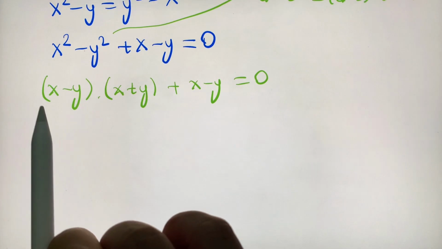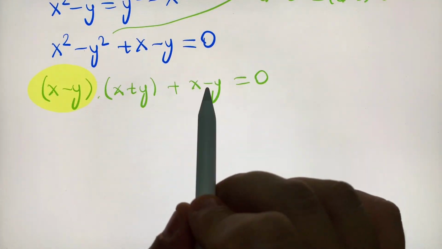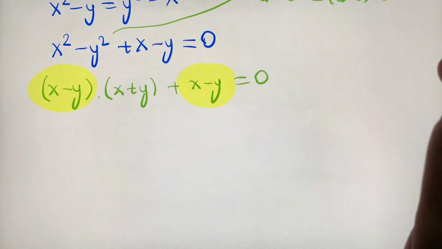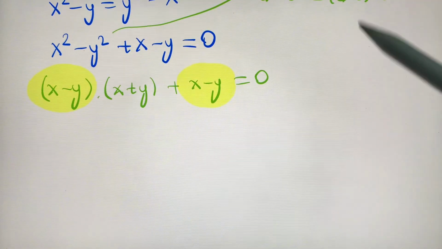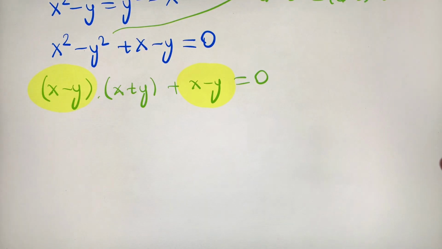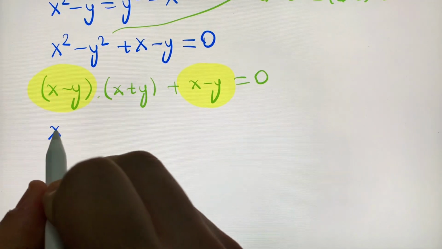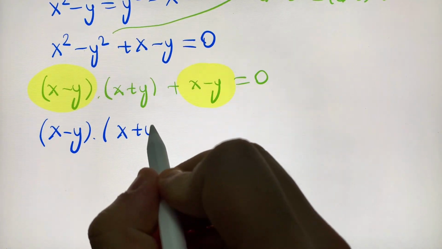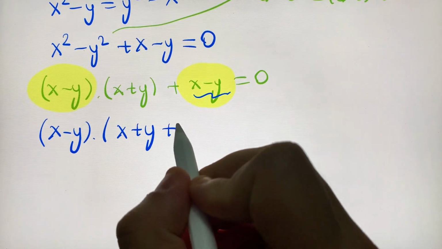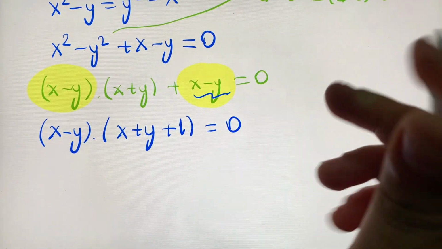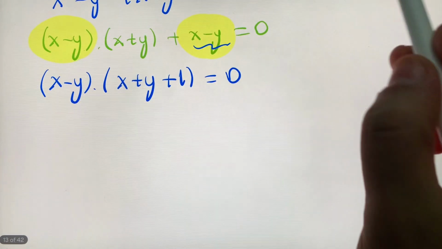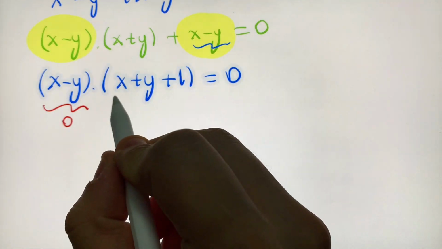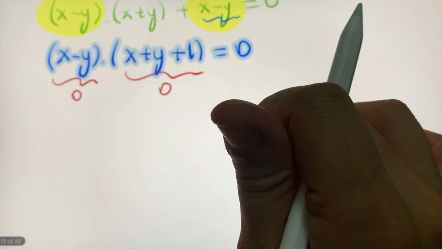If you pay attention, x minus y is a common factor, so I get x minus y times the bracket x plus y plus 1, and this expression should be 0.